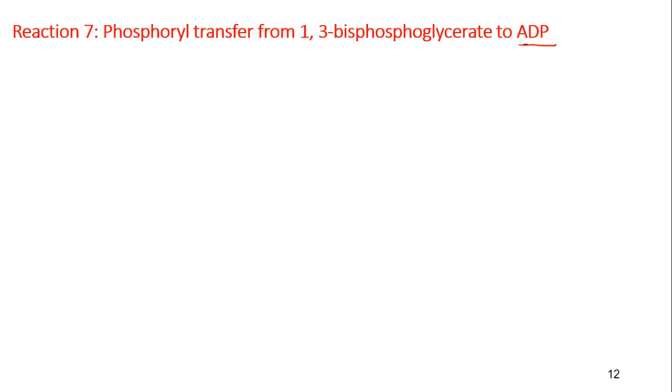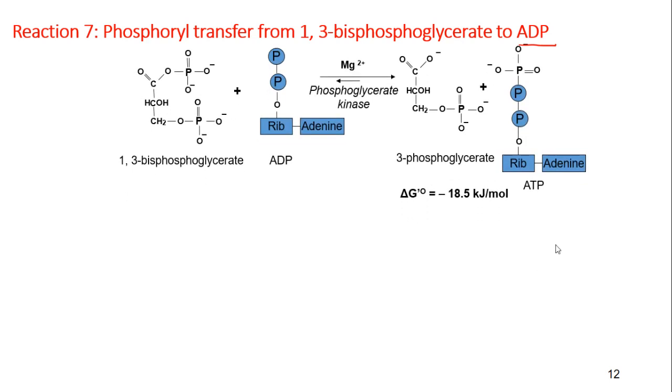A phosphate group from 1,3-bisphosphoglycerate to what? To ADP. Remember, our major goal is to produce what? To produce ATP. So at this particular reaction, that is when ATP is being produced. So ATP is being produced from ADP when this phosphate group is transferred to ADP.